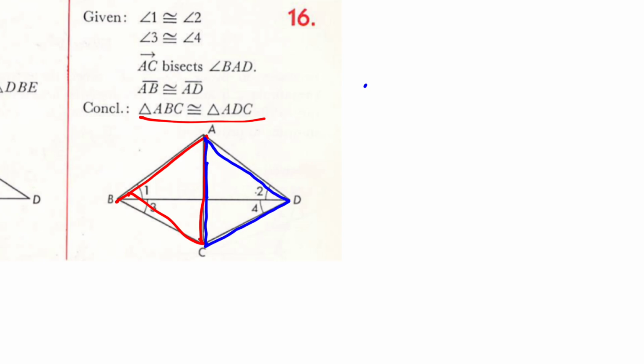What's funny is that there's a reflexive thing going on here, but I don't think it's going to get used in this one. They tell us that AB is congruent to AD, so that's a side already. And they tell us that AC bisects BAD, which means those angles are congruent.